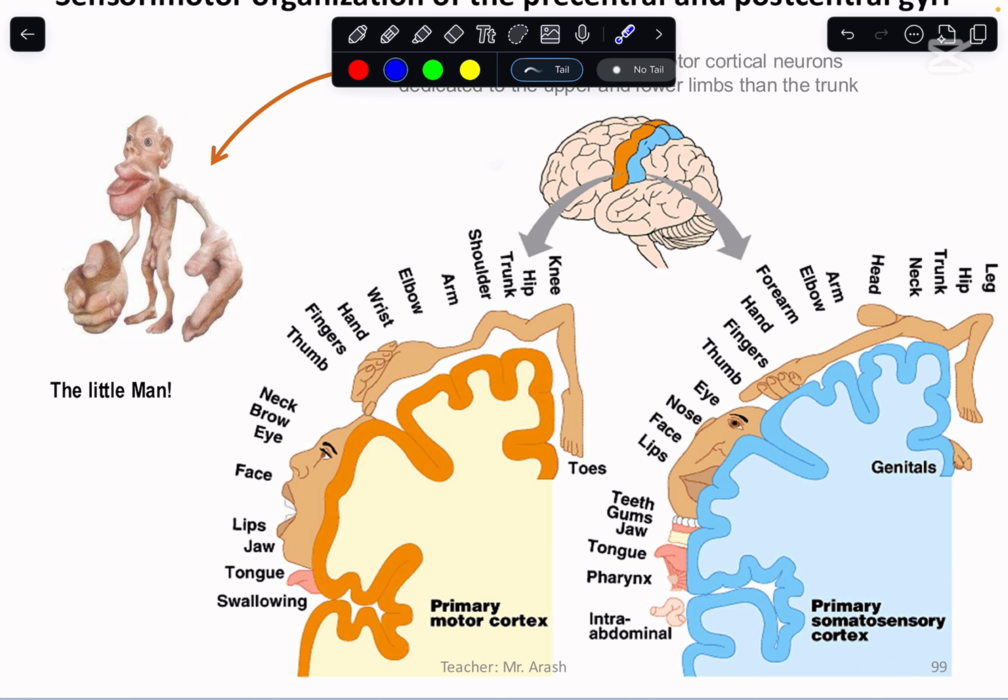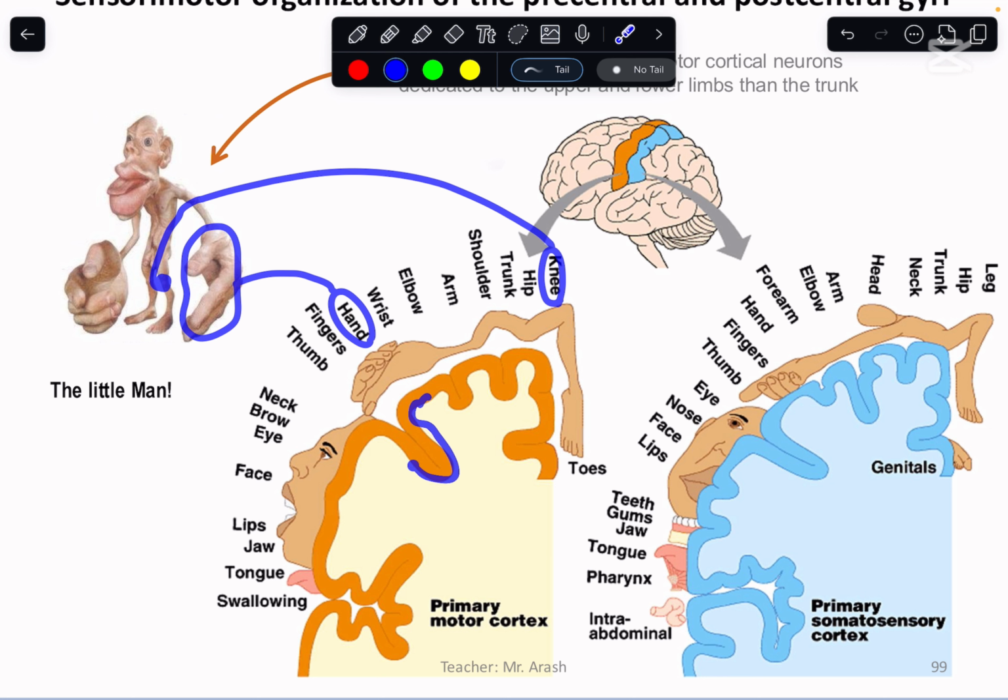But is the area of the cortex dedicated to the knee the same as the one dedicated to the hand? The answer is absolutely not. The hand has a larger size in this picture compared to the knee, which would be here. You don't see it in this picture, but this cortical area would be a lot bigger than this cortical area.